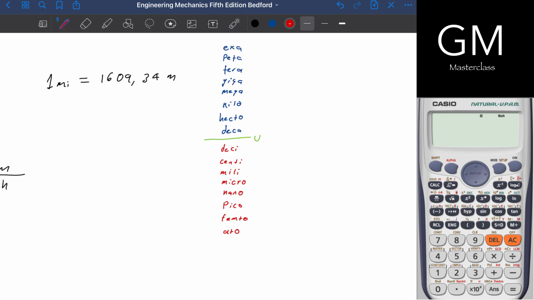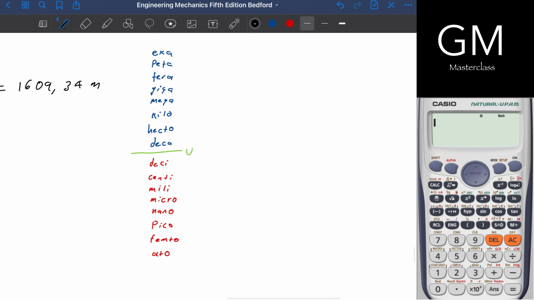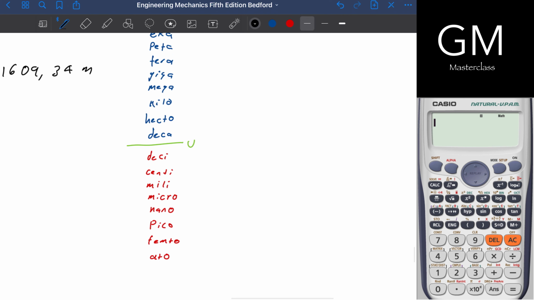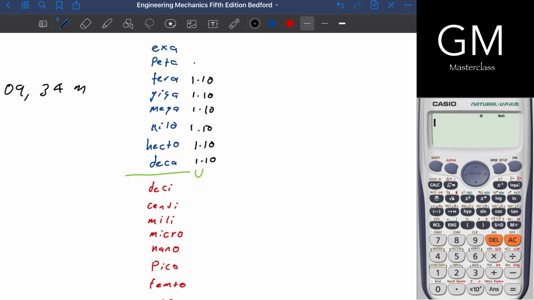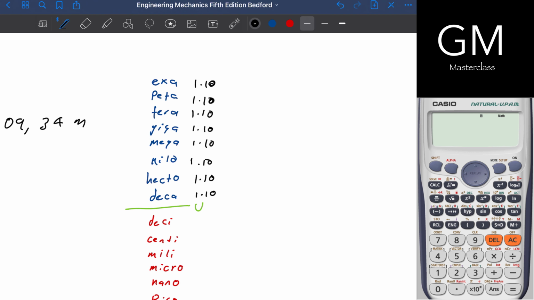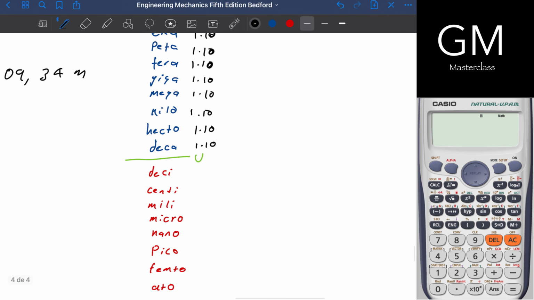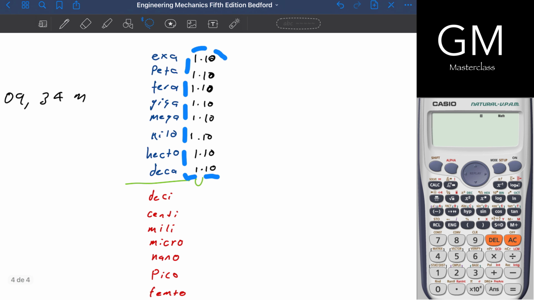This is the way that I've learned the prefixes, because starting from this point it is pretty easy: I just have to put 1 multiplied by 10, 1 multiplied by 10, and so on. And the same thing here, copy, paste.